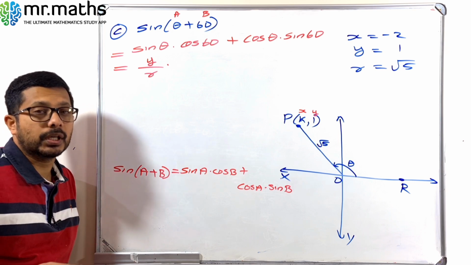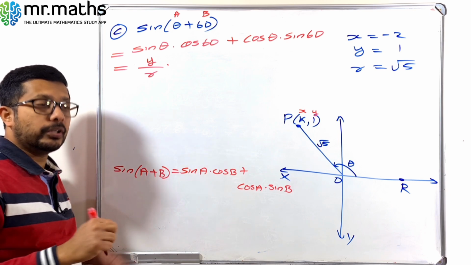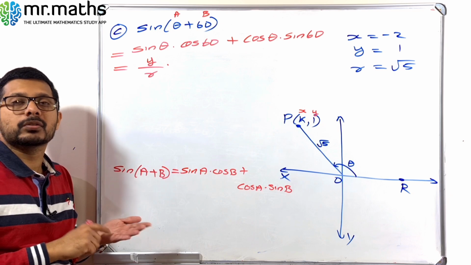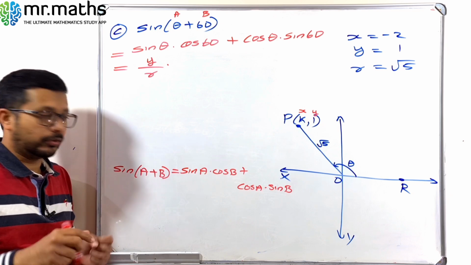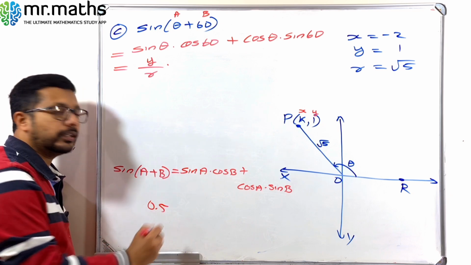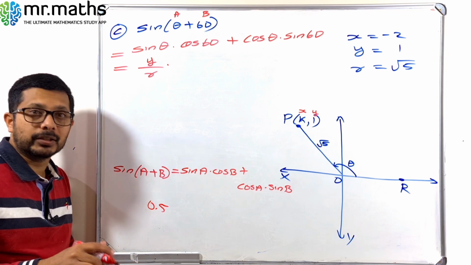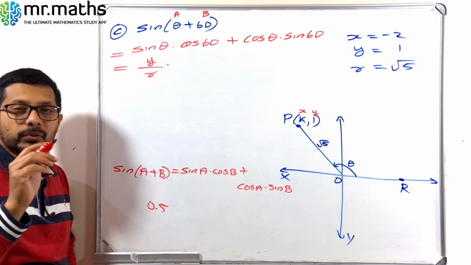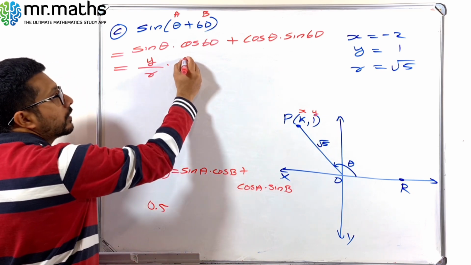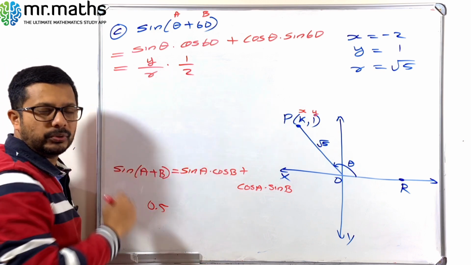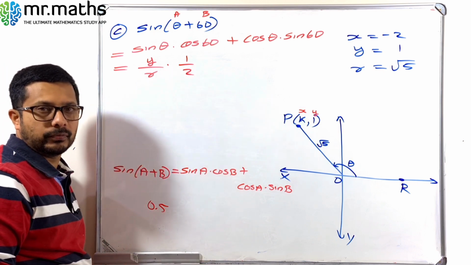Don't write 0.5, because those who are marking know that you used your calculator. Otherwise cos 60 is 1 over 2. It's better to know those special angles.